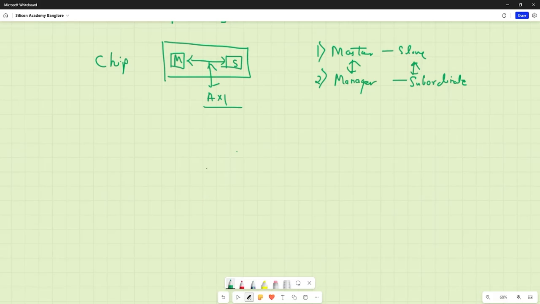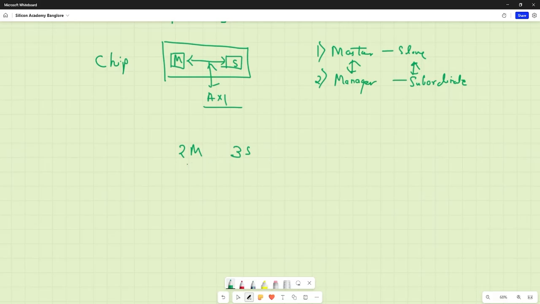We need some additional information. In the case of a single master and single slave, we know exactly who is going to communicate with whom. But with multiple masters, suppose two masters and three slaves, we don't have a clear idea of which master is going to interact with which slave.